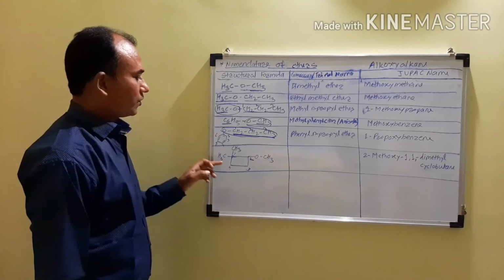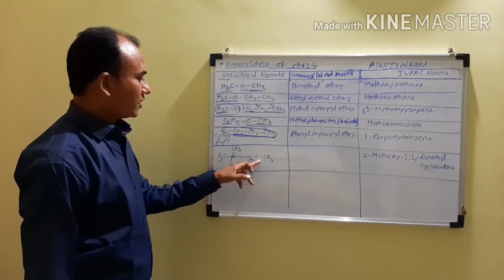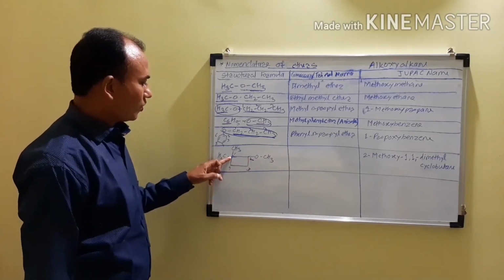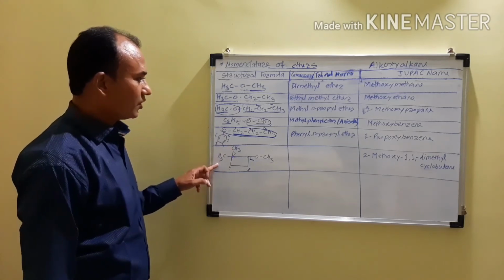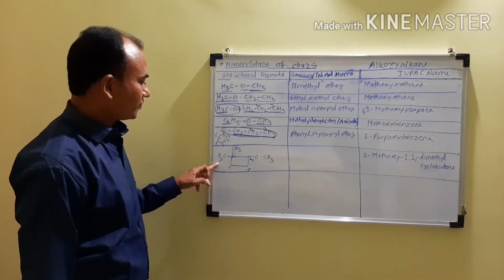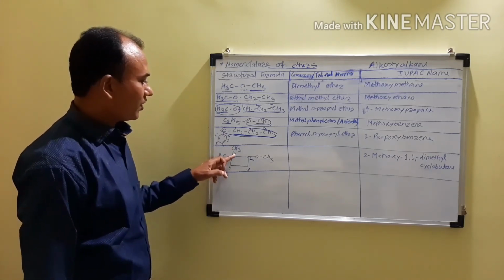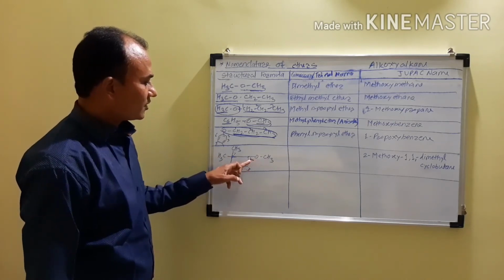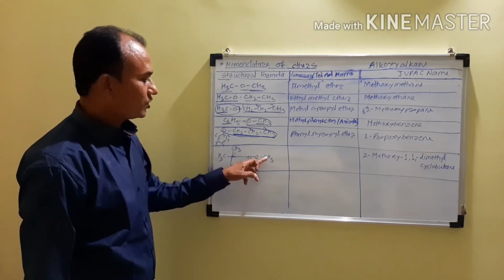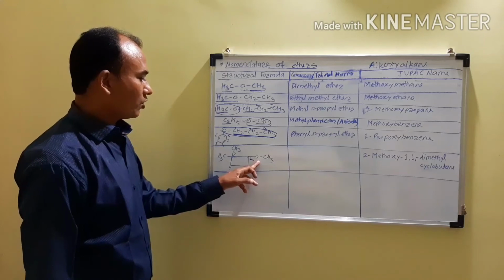Now in that case you have to consider the two methyl groups attached to carbon number 1, and at the second carbon atom there will be an OCH3 group, that is the 2-methoxy.